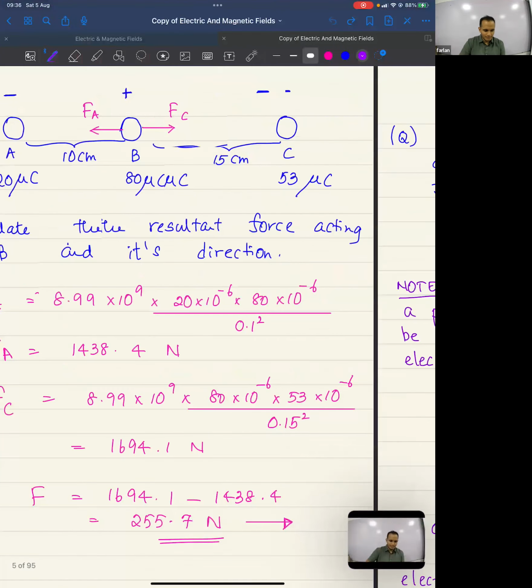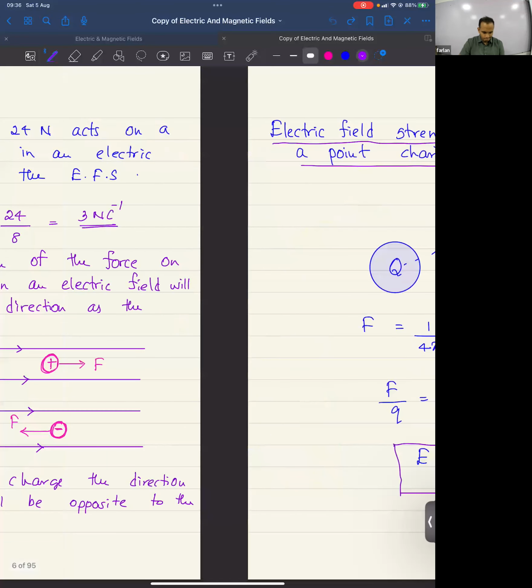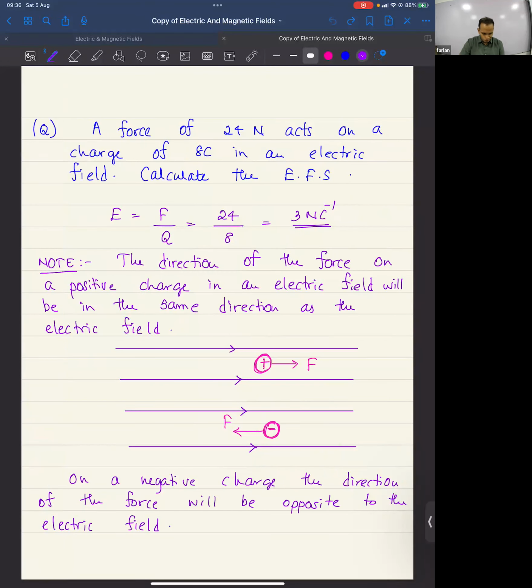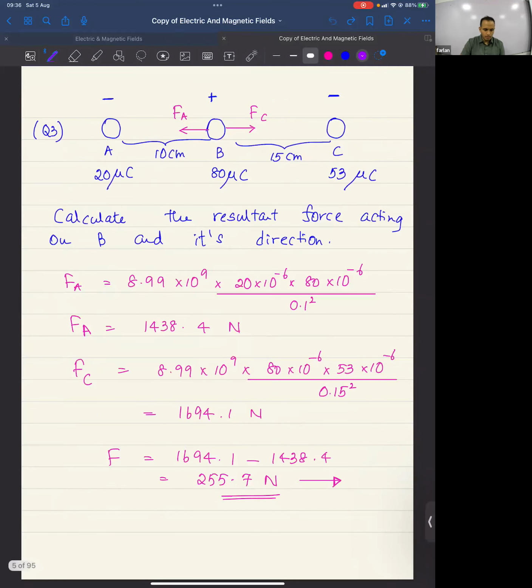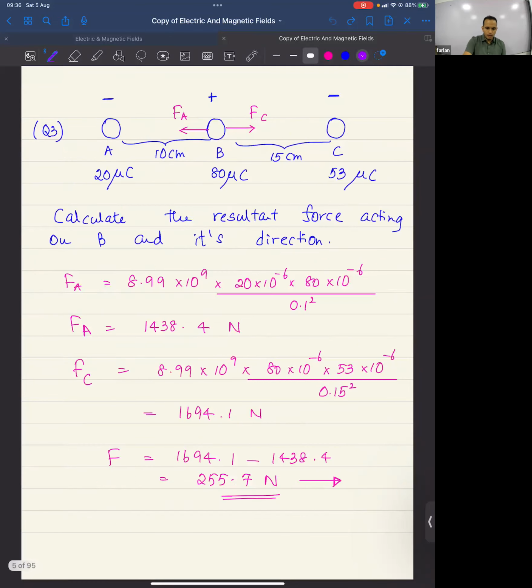Right, guys, the next one. Guys, you know now what is electric field strength?